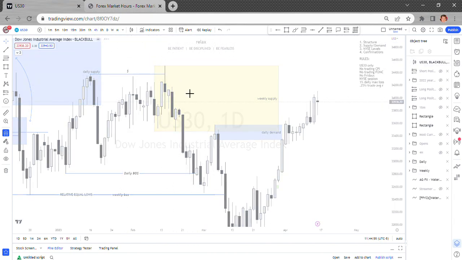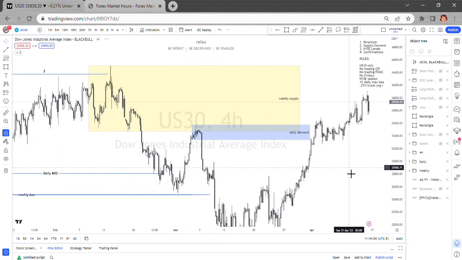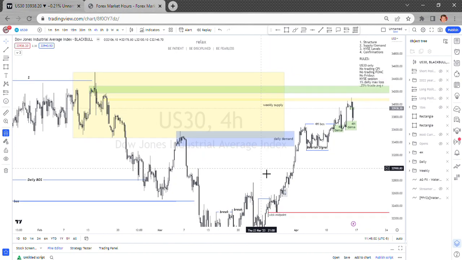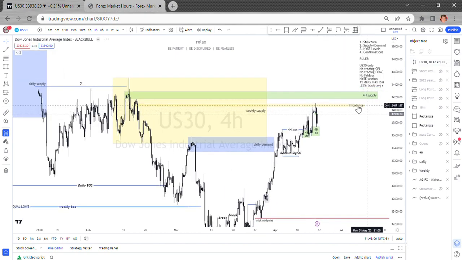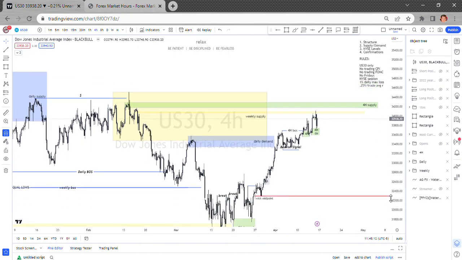So drop down to the 4 hour, put this on, and we've got some imbalance here. This was 4 hour imbalance, and then we've got a 4 hour supply here to look at.